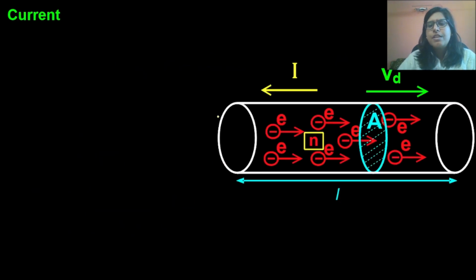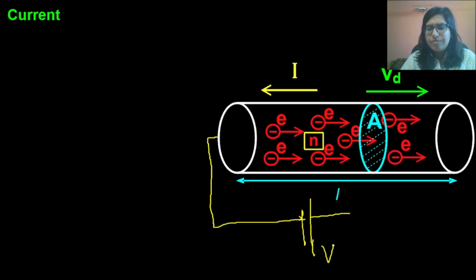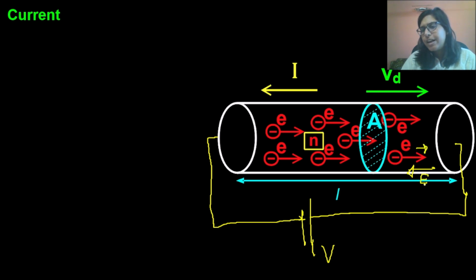Now suppose this is the cross section of the wire, length is L, and if we apply a voltage in this direction, then there will be an electric field in this direction, and there will be force on electrons in the direction opposite to the electric field, and electrons will move opposite to the electric field.